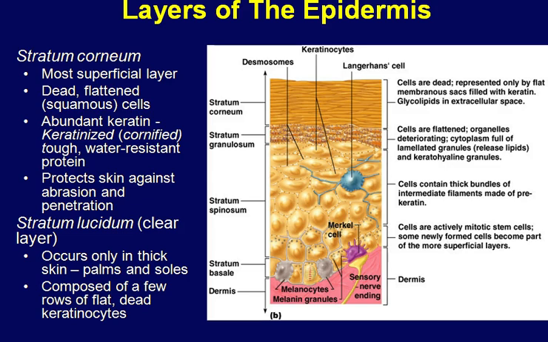It is composed of 1 or 2 layers of extremely flattened unnucleated cells. Their cell boundaries are quite indistinct and the cell components are not evident. Keratohyaline granules have disappeared and are replaced by semi-liquid droplets of eleidin, which represent the second stage in the formation of keratin.